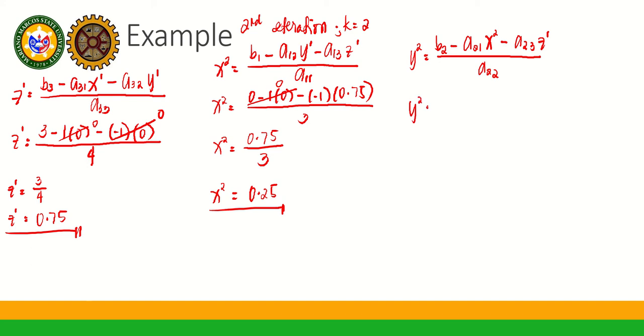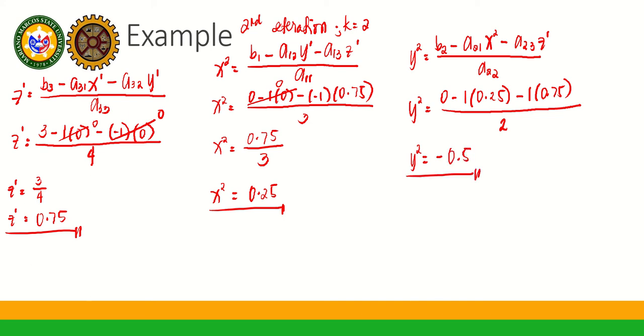So y squared is equal to 0 minus a21, which is equal to 1, and then x squared is 0.25, minus a23, that is equal to 1 multiplied by z sub 1, that is z raised to 1, that is 0.75. And a22 is equal to 2.